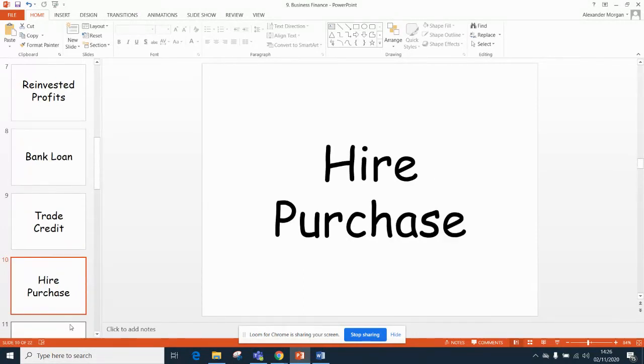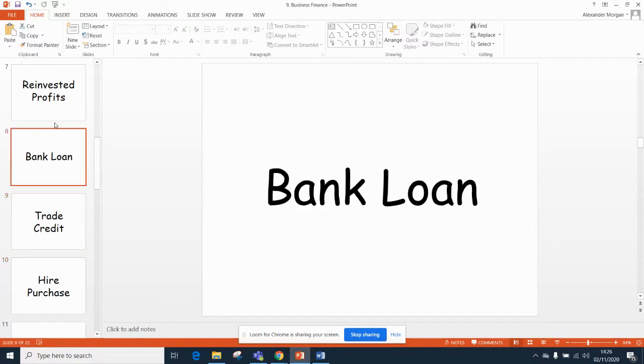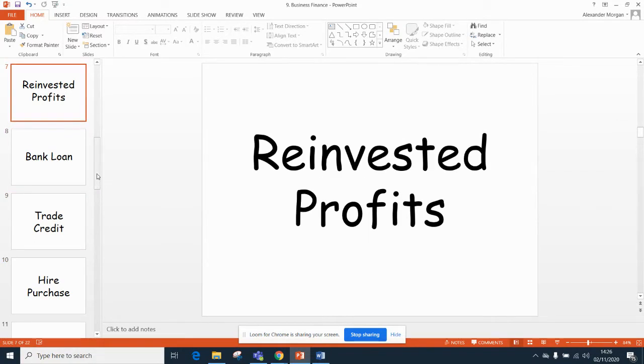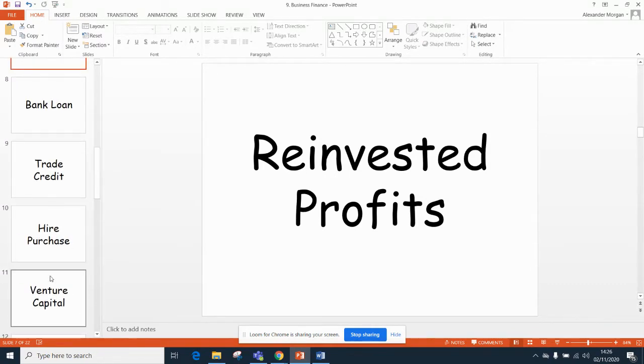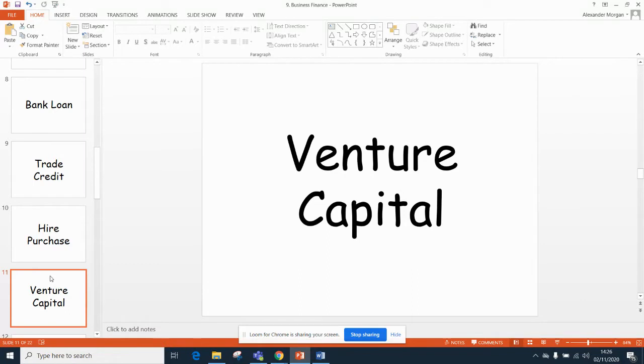So different sources of finance. So for instance, hire purchase, trade credit, bank loan, reinvested profits, all these different things. First 11 slides are those. And if you've read the notes, you'll hopefully understand what these mean.